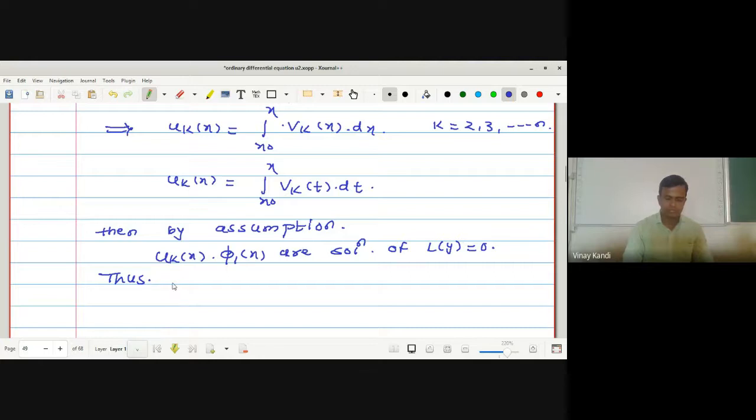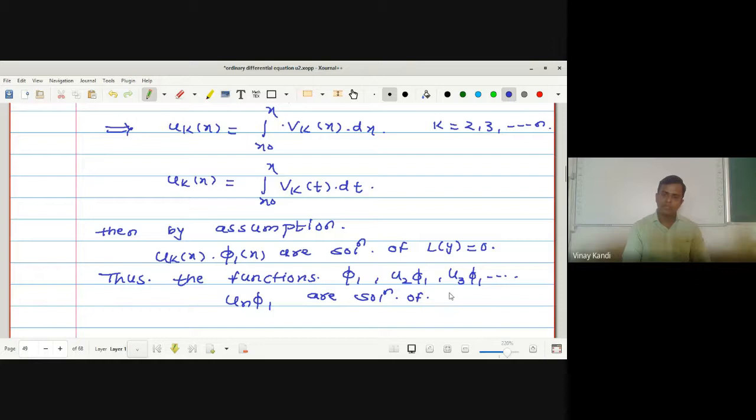Thus the functions phi 1, u2 phi 1, u3 phi 1, up to so on un phi 1 are solutions of L of y is equal to 0.